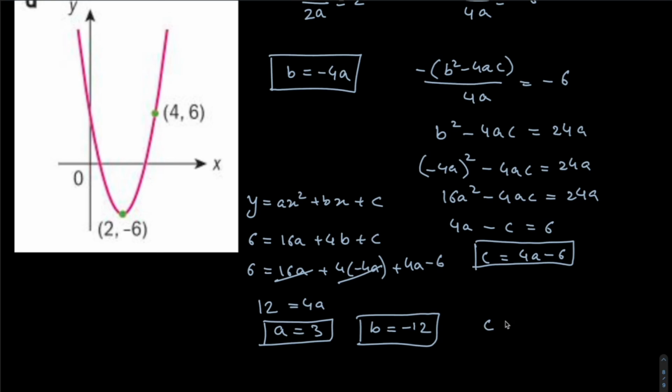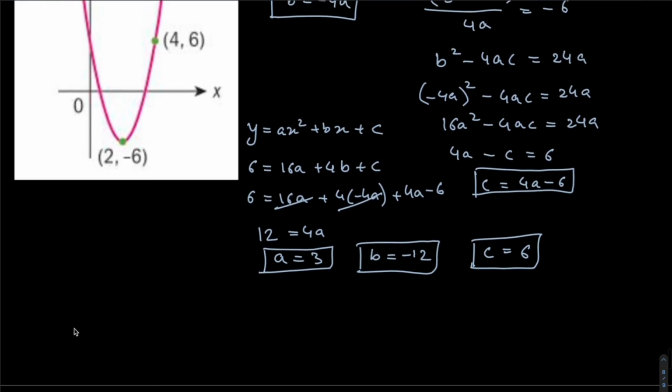So all I have to do is find c, which will be 4 times 3, which is 12. 12 minus 6 is 6. So c is 6, right? Final equation, I can write it here. So y is equal to 3x squared minus 12x plus 6.